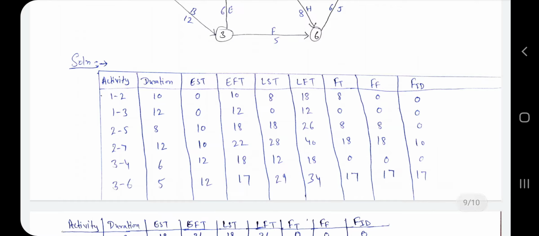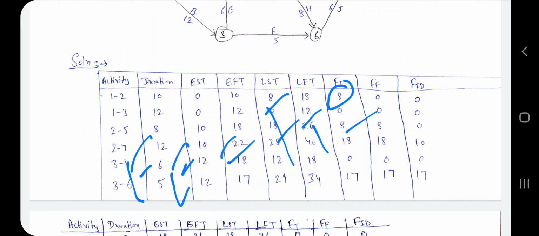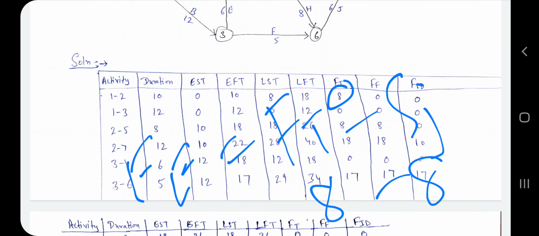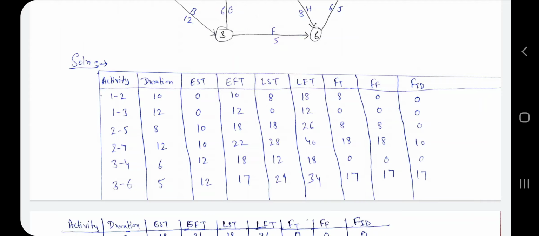So SJ is equal to 8 and FT is equal to 8. So FF is equal to FT minus SJ, that means 8 minus 8. So here I got 0 as the answer. In this manner you have to find the free float of all activities.